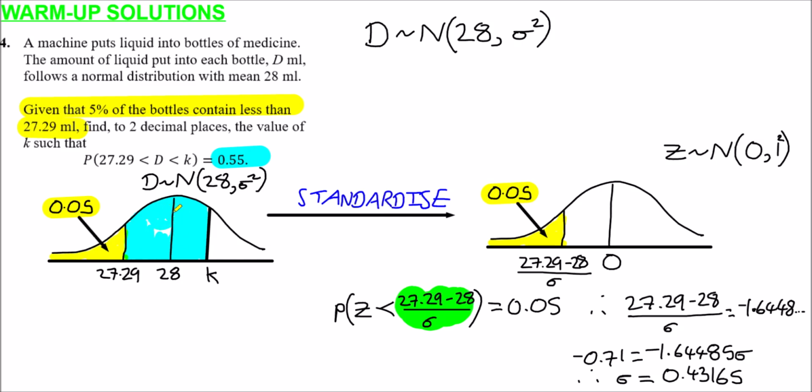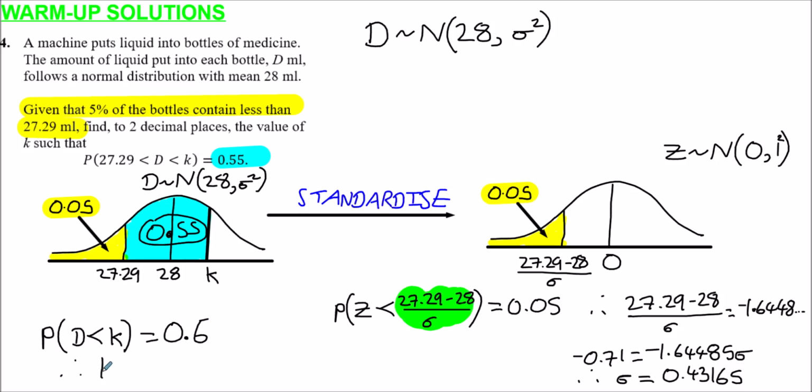However, we can now use the bit on the left as well, that's 0.05. This needs to be 0.55, like the question says. So therefore, I want the probability that D is less than k to be this 0.55 plus this 0.05. I want it to be 0.6.